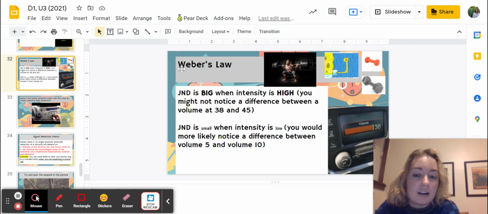So that's what Weber's law is saying. When the intensity is already really high, meaning something's really loud or the weight's really heavy, it's going to take more of a change for you to notice that difference. When the intensity is low, it takes way less of a change for you to be sensitive and aware of that difference.